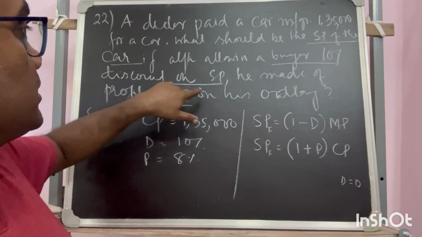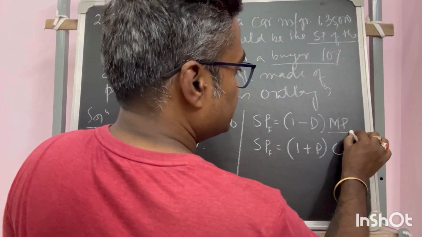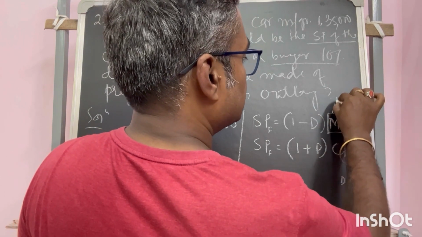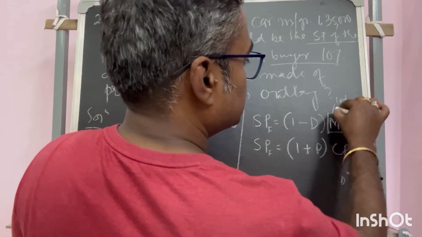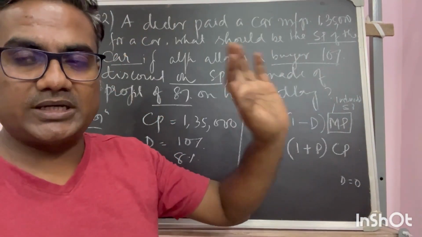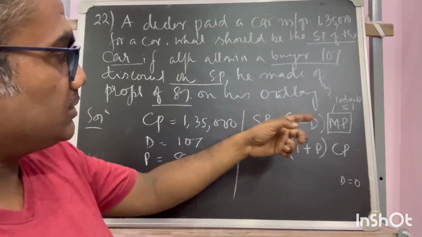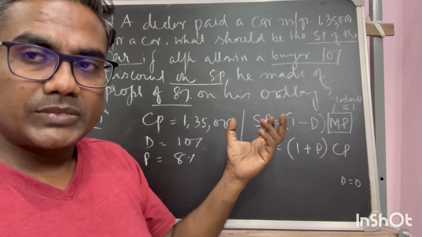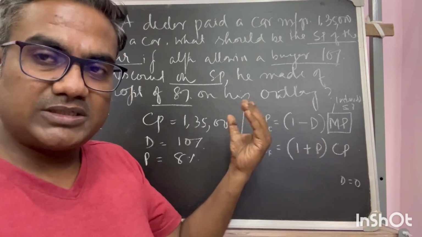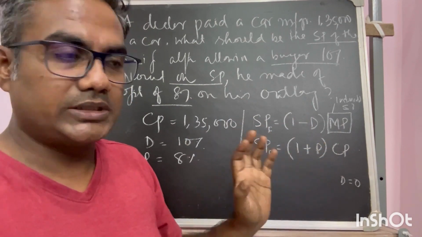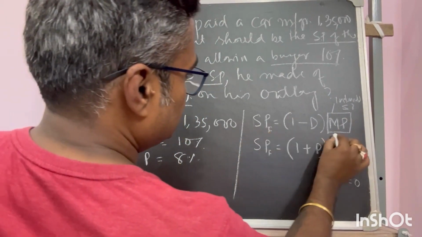The discount on selling price is on the intended selling price, the price he decided earlier to sell the product at. Even though he has given a discount, the final price is also called the selling price, because that is the money he gets from the buyer. But don't confuse them; for this case, you have to consider this equation.